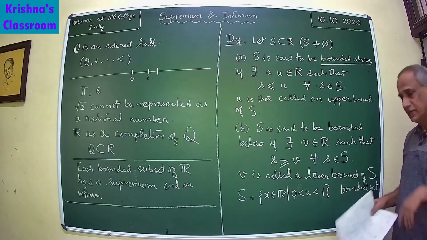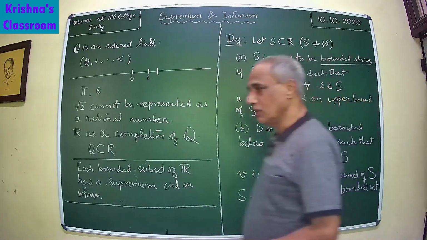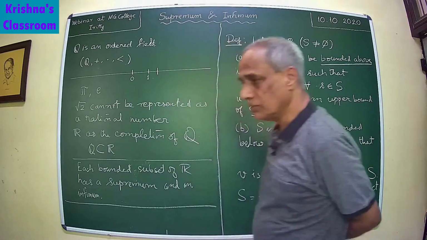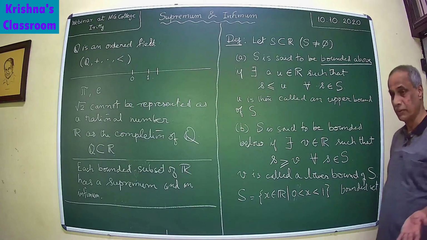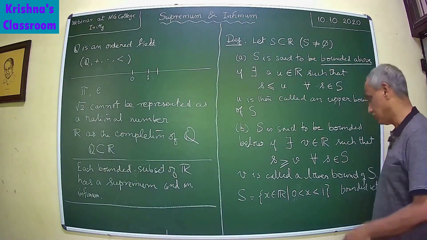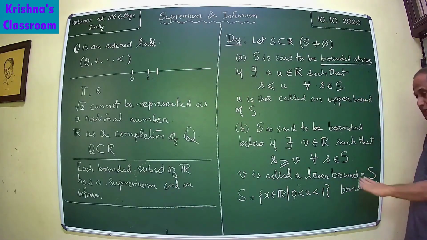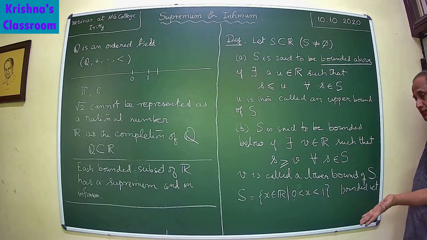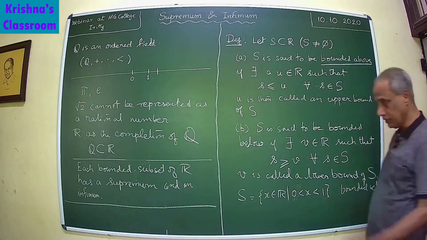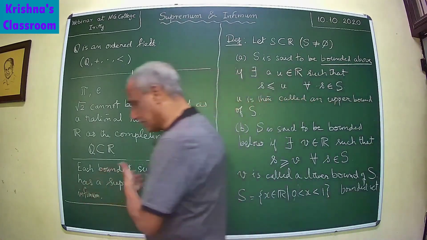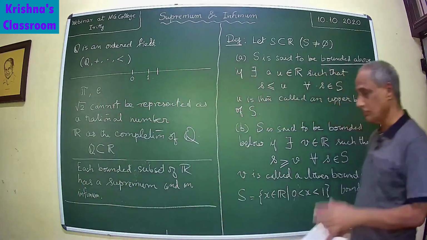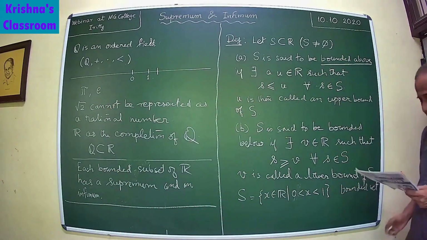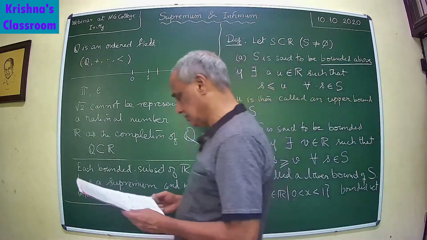In fact, any number greater than n is an upper bound, and there may or may not be something less than n also an upper bound. We do not know. We have to work on this idea to get what is called the notion of supremum and infimum.